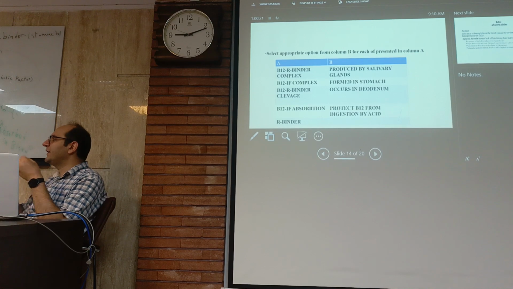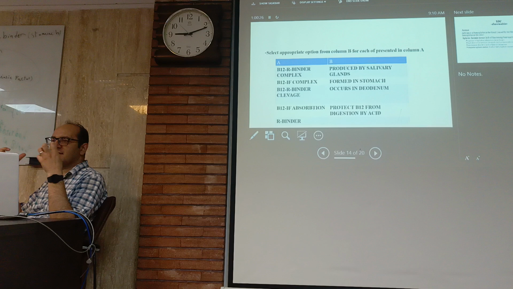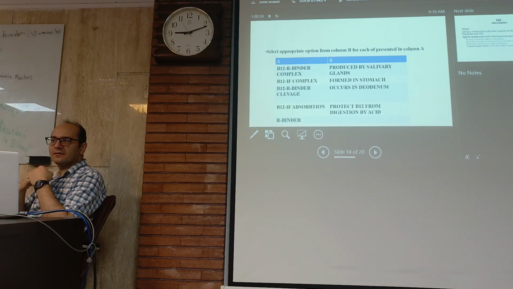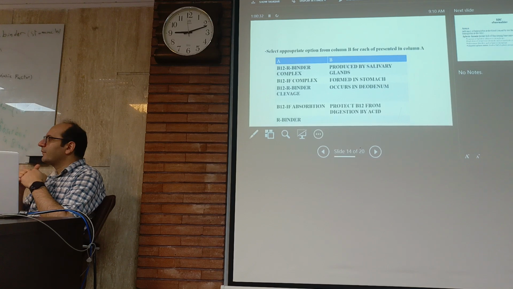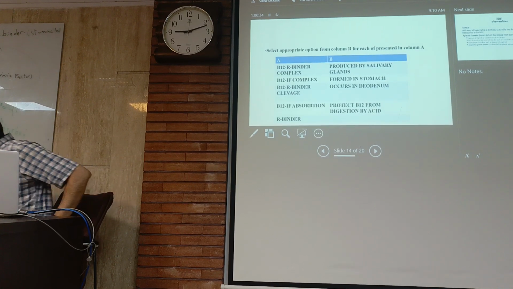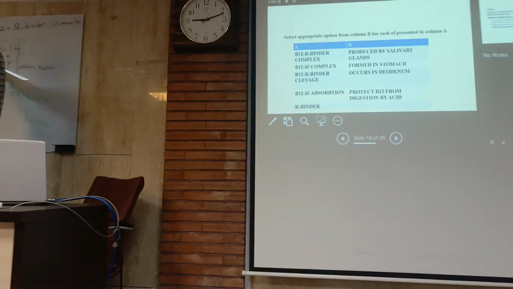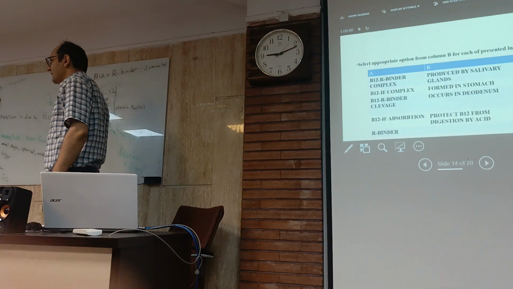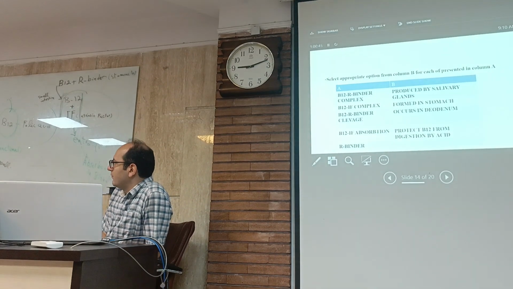B12 R binder cleavage. You know this cleavage means dissociation. B12 R binder cleavage occurs in the small intestine, or again in the duodenum.